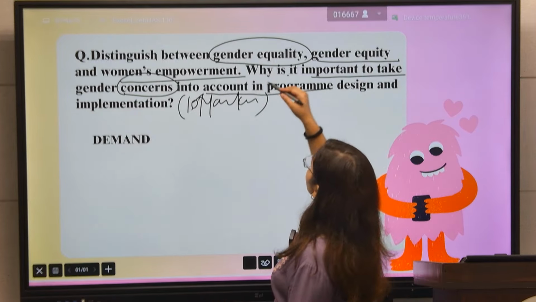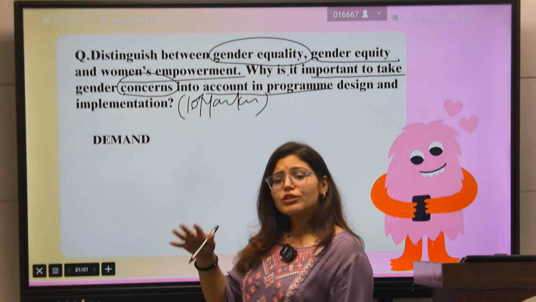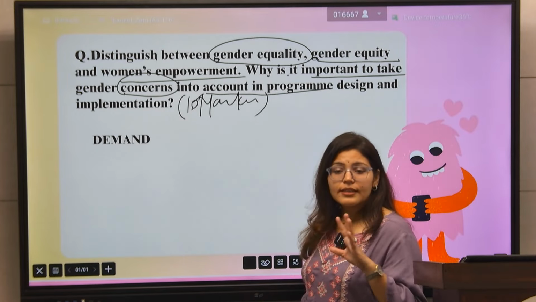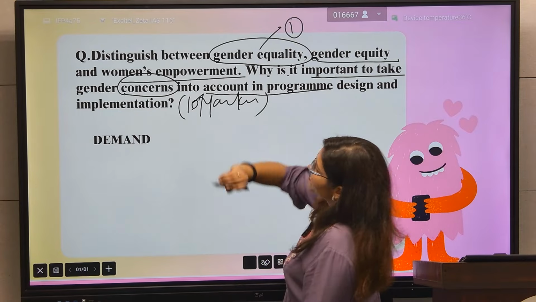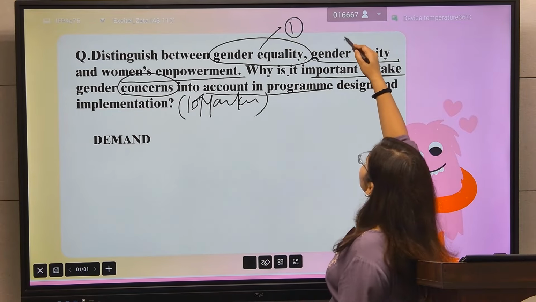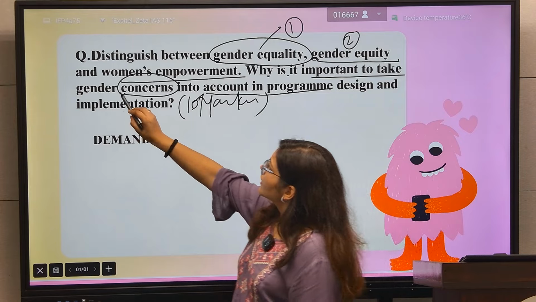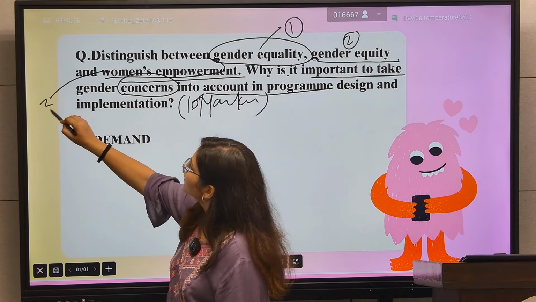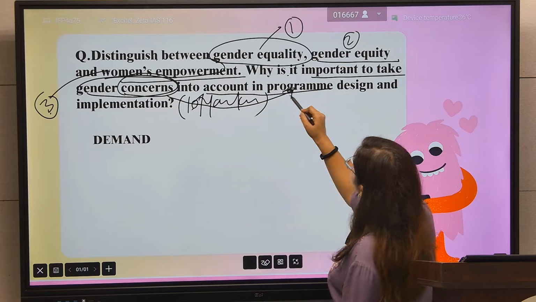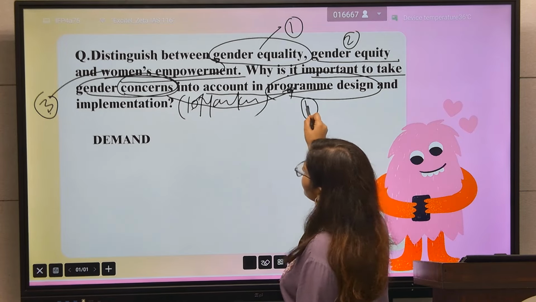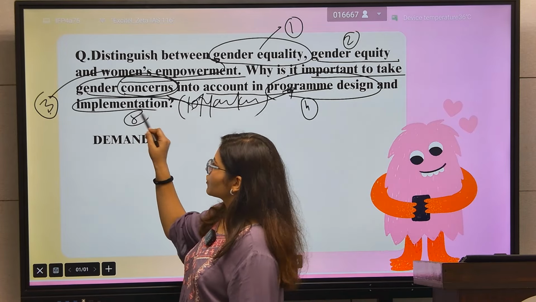In the question itself there were 5 dimensions. One is gender equality, second is gender equity, third is women empowerment, fourth is gender concern in program design, and fifth is implementation.